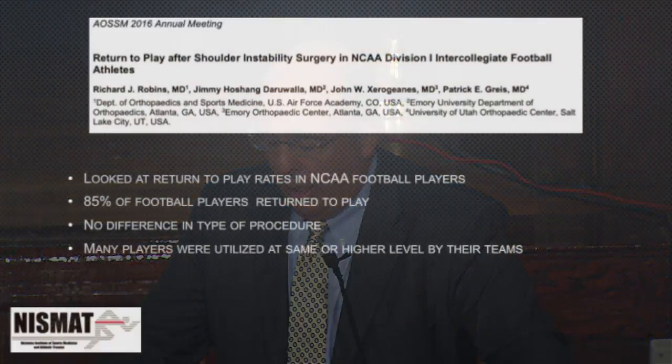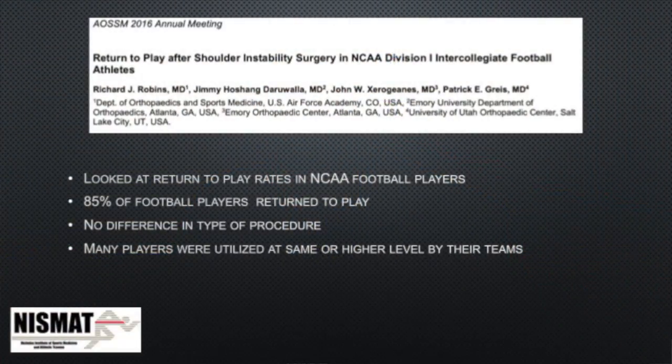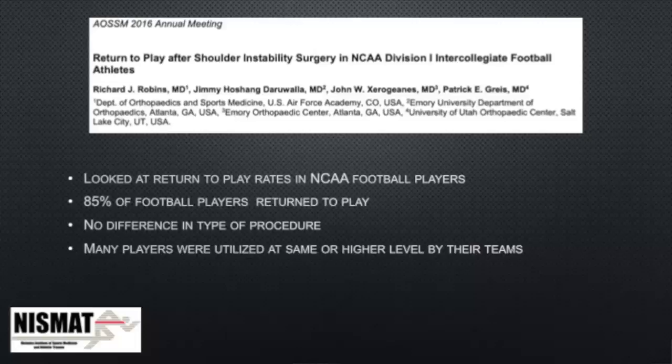So let's look at the return to play rates after having a surgery in the NCAA. This is done by Rich Robbins. He looked at return to play rates. 85% of football players return to play 6 to 9 months after having an arthroscopic or open capsular shift. No difference whether it's an arthroscopic or open shift in regard to the ability to return to play. And many of those players, 85%, were able to return to the same or higher levels.